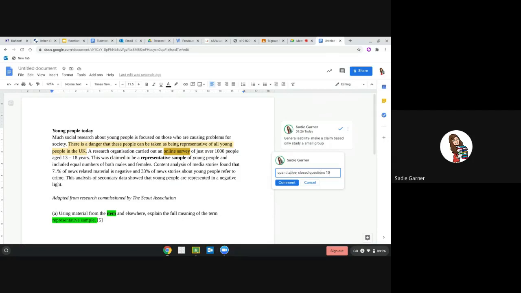And the fact that it was 1,000 people suggests that the questions are closed, as they're quick to complete. Quantitative, because they have closed questions. Well, there's 1,000 people that have taken part, which suggests the questions are closed because they're so quick to complete.